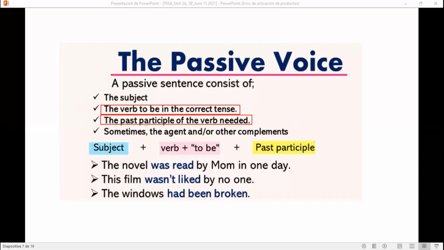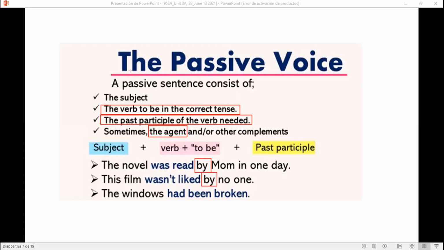En el caso de que nosotros tengamos alguna información adicional, podemos agregarle y ese sería conocido como el agente o el complemento. Es decir, quien realiza la acción. No es obligatorio, pero puede ser posible. Cuando ustedes vayan a añadir un agente o un complemento o quien realizó la acción, miren, lo hacemos utilizando by, ¿no? Por. For example, here we have the novel was read by mom in one day. Sí, la novela fue leída por mi madre en un solo día.